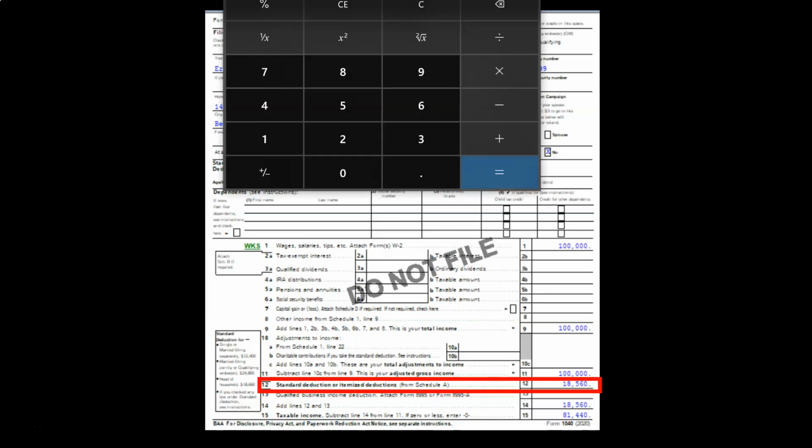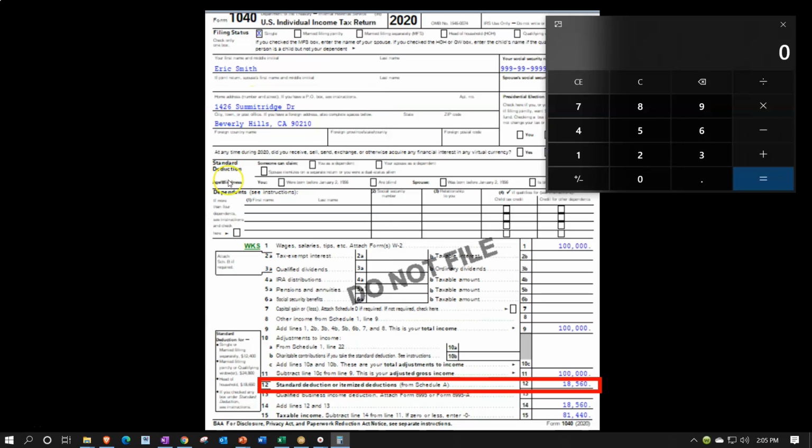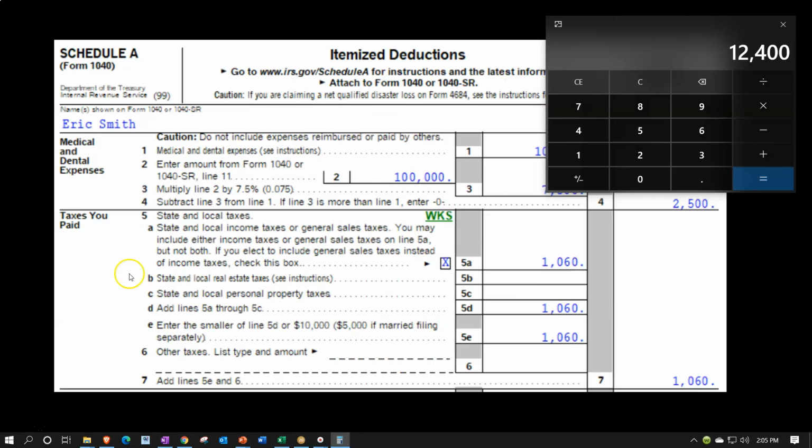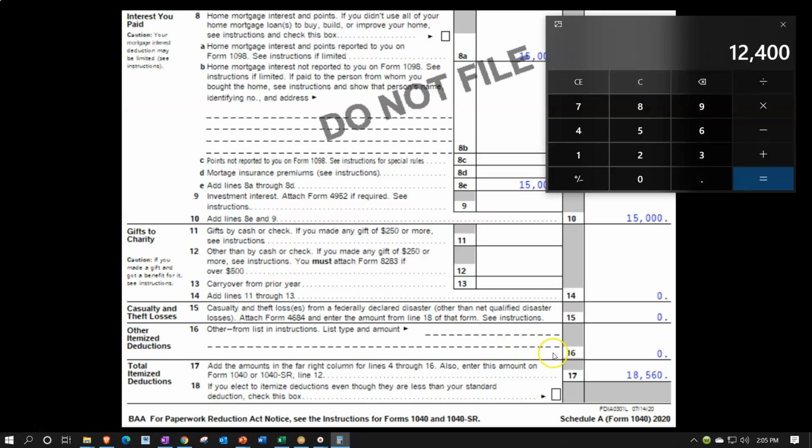So let's pull out the trusty calculator. We've got the $12,400 that they would have got no matter what, without even thinking about itemized deductions. And then if we add up the itemized deductions, they're coming out to $18,560. So $18,560 minus $12,400, we have a benefit in this case of $6,160, because it's the difference between the two.